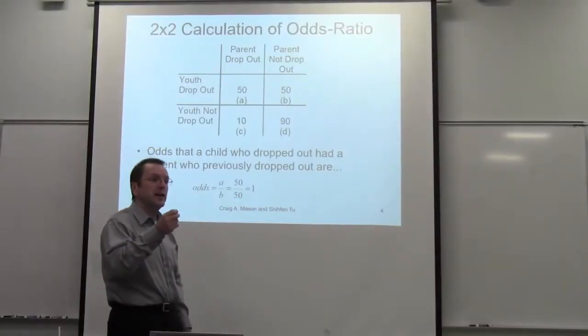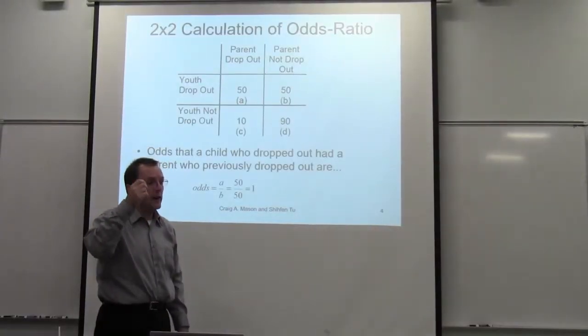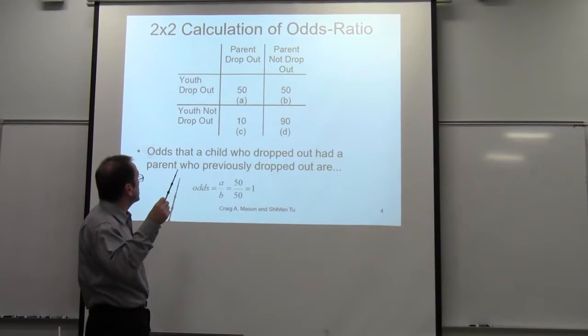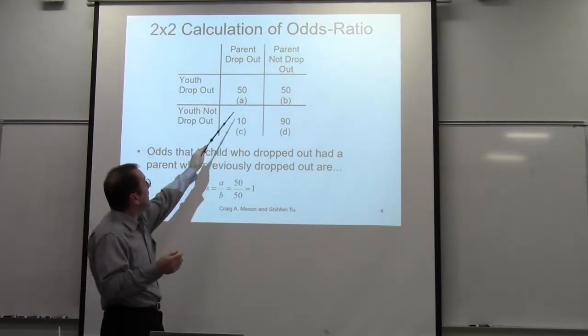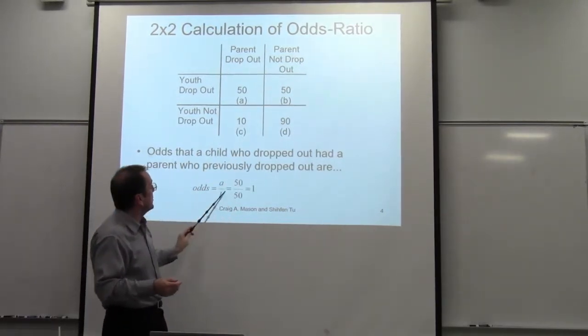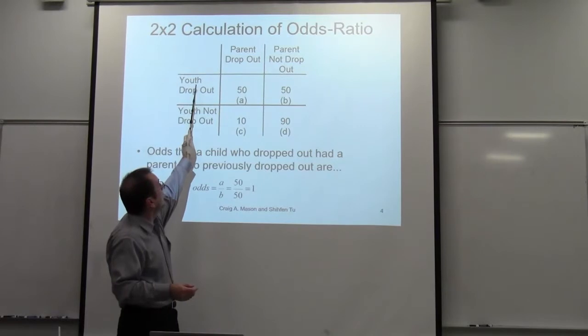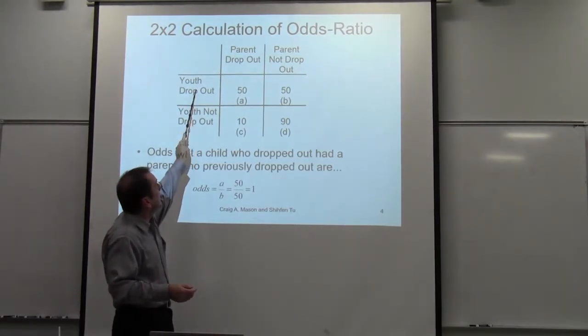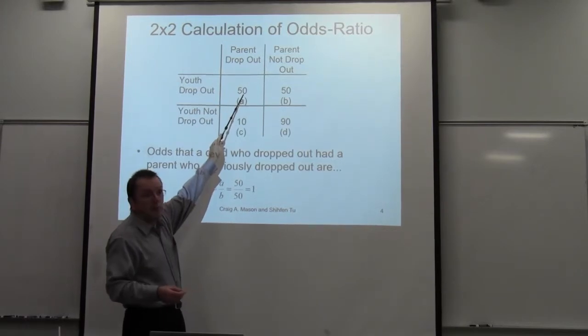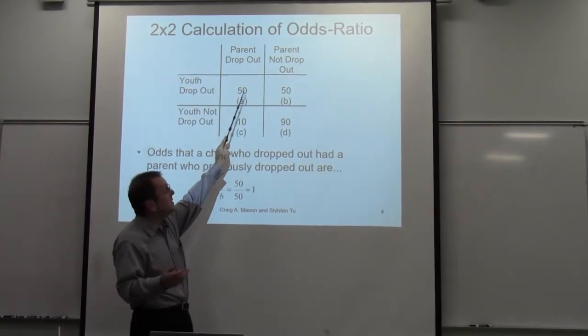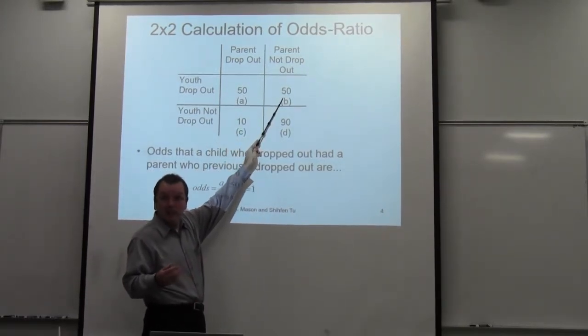So I'm asking again, for a child who dropped out, what are the odds that their parent previously dropped out? I've labeled these just to help with the math. Among the youth who dropped out, the odds that a parent dropped out is simply the frequency that dropped out, divided by the frequency that did not.